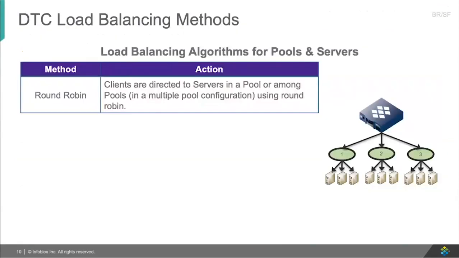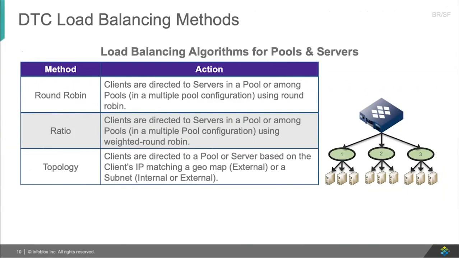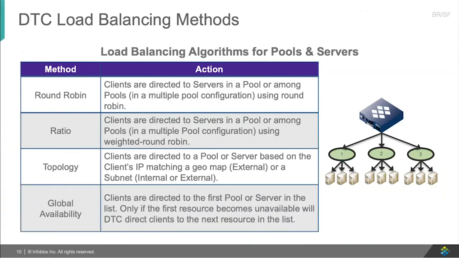Let's talk, Scott, around the algorithms, right? Because we do a lot of the ones that the higher priced guys do, but some of the core we find are right here: round robin, ratio, topology, global availability. Can you just touch on these quickly? Yeah, so this is what we would consider part of the 90% functionality, right? These are a lot of the table stakes things that all the guys are bringing to the table.